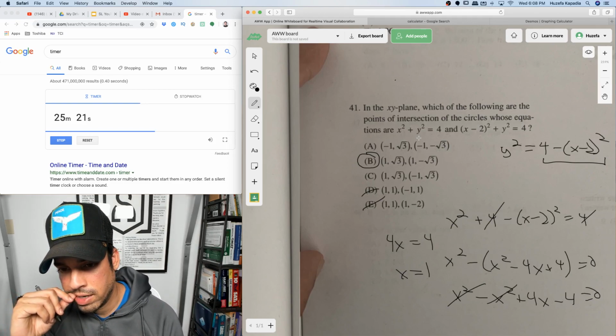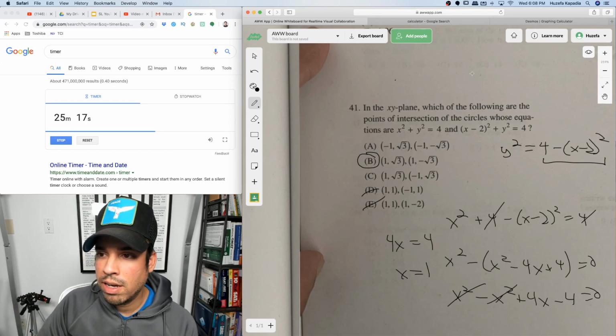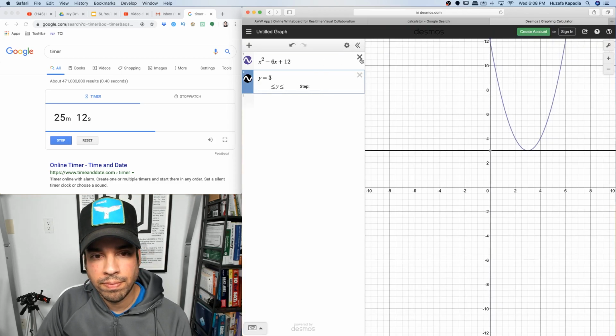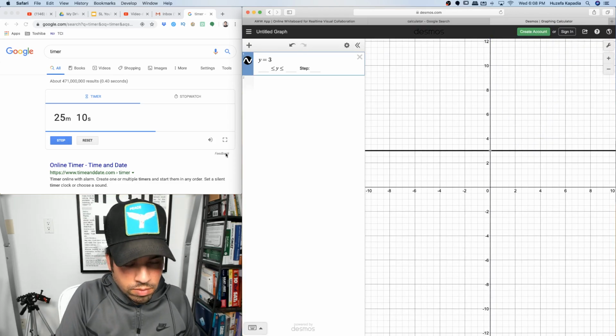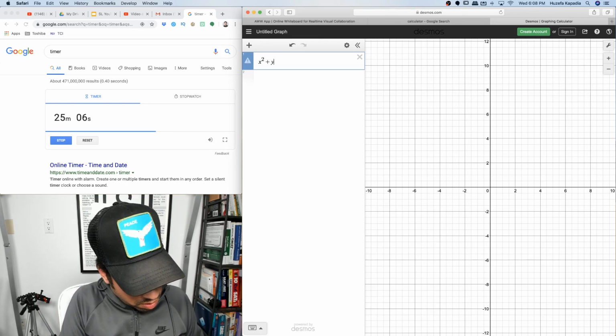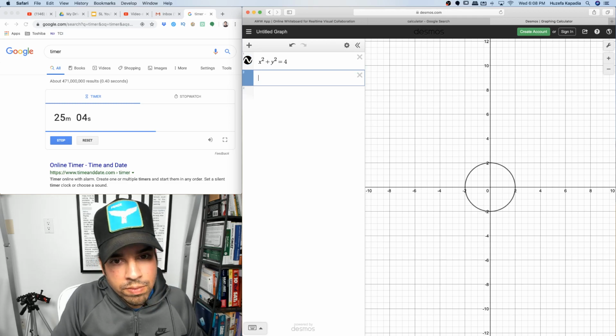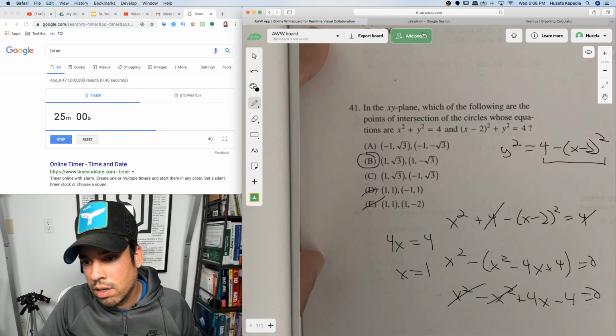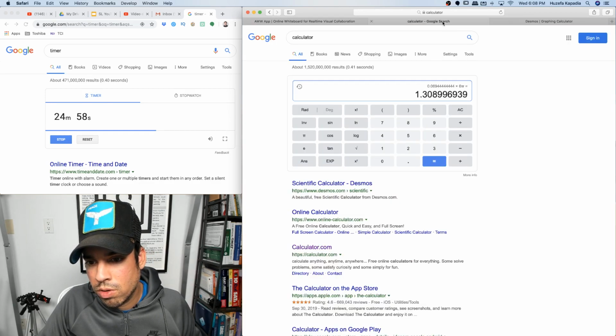How do I know it's not negative 1? I think we can graph these. x squared plus y squared equals 4, and (x minus 2) squared plus y squared equals 4.